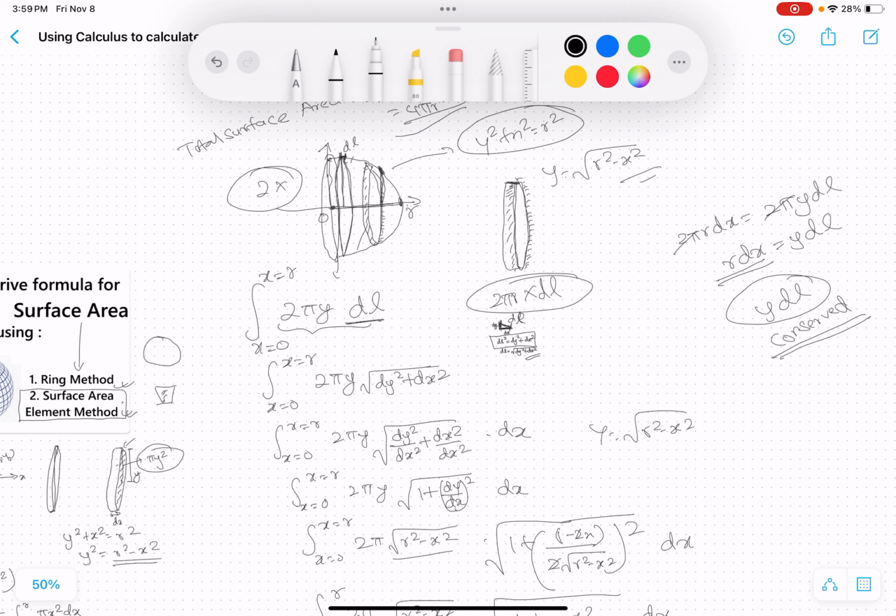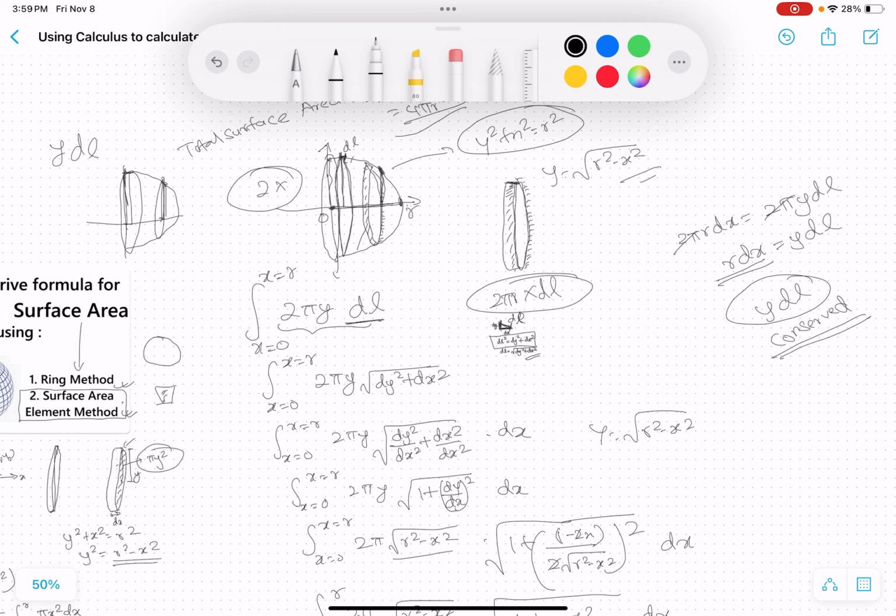Wow. Okay, if we had already known that at every point of this sphere, this y times dl is conserved, we know that at this very point this is just r and dl is just dx, right?